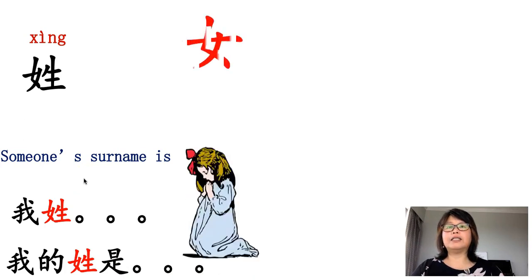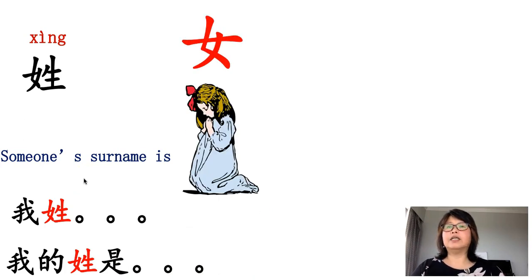Now let's look at the character. The left hand side is a female. The female looks like a curve, like a young lady kneeling down. Back in old China, ladies had to be obedient and listen to their father or their husband. So this is the female radical.